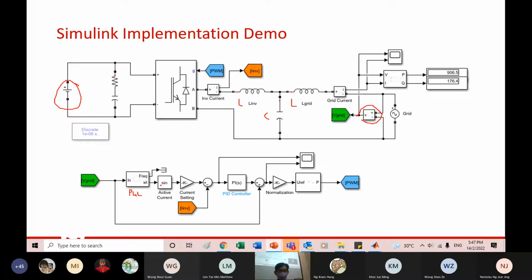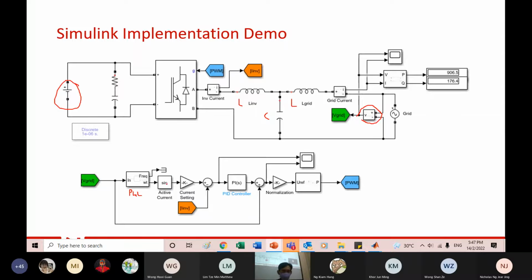Now, if you change this to cos, your inverter is injecting reactive power instead of active power. So this is how the inverter can control how much active power or reactive power you want to inject to the grid. In other words, old inverters do not have this function, but with new inverters you can literally control the power factor without any capacitor bank. So this is the beauty of power electronics.